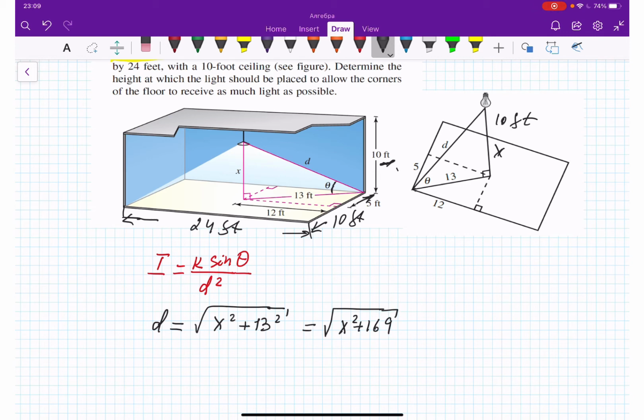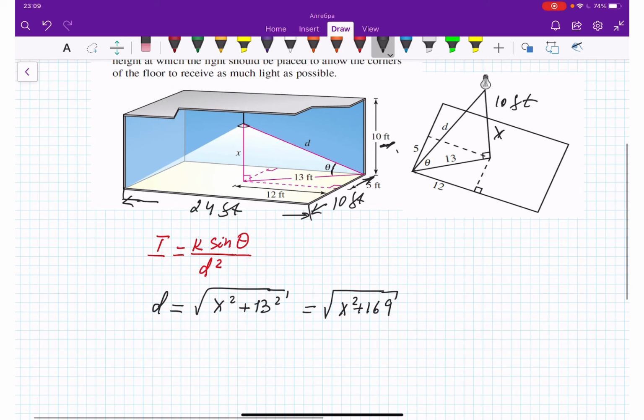Okay, now sine theta, let's find out. Actually, our goal is, since we need to find x, the height, right? So this formula, I equals k sine theta over d squared, I'm going to express through x. So I can solve it for x. And that's what I'm doing exactly.